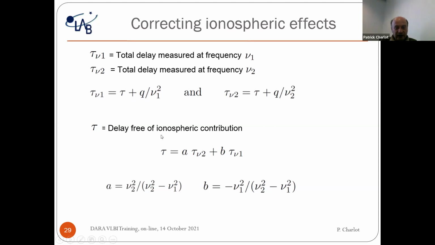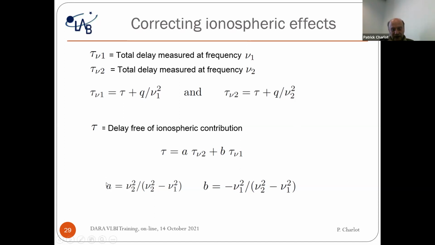And tau would be the delay if there were no ionospheric effect. But you see that from these two equations, you can get tau by applying a linear combination of these two quantities, the delay measured at one frequency and the delay measured at the other frequency. So nu one is S-band and nu two is X-band.